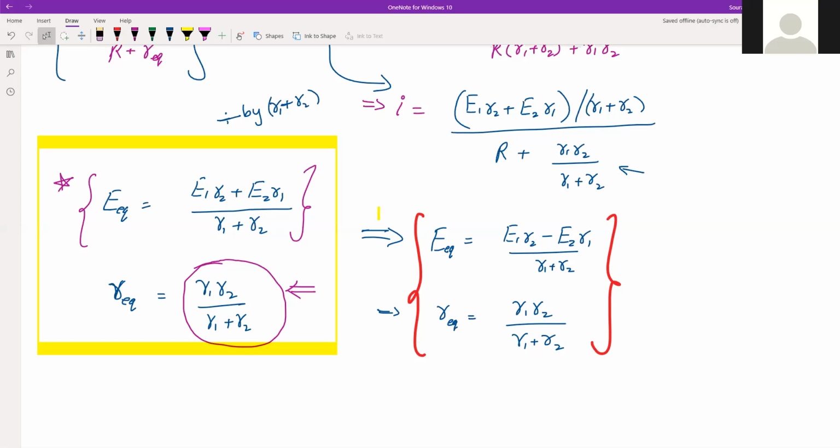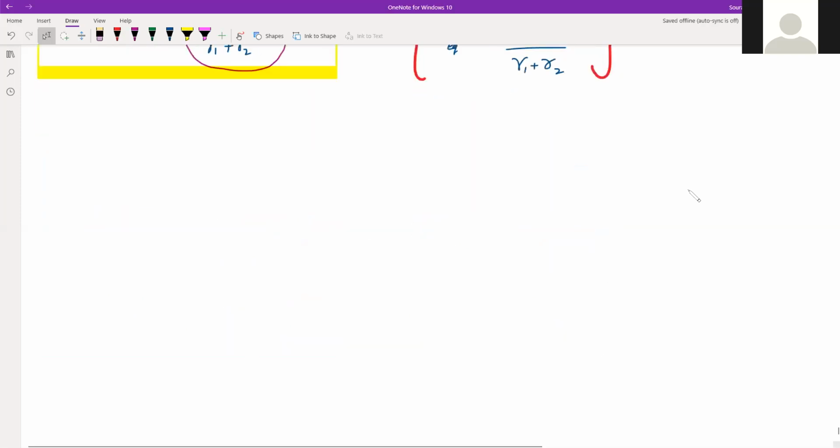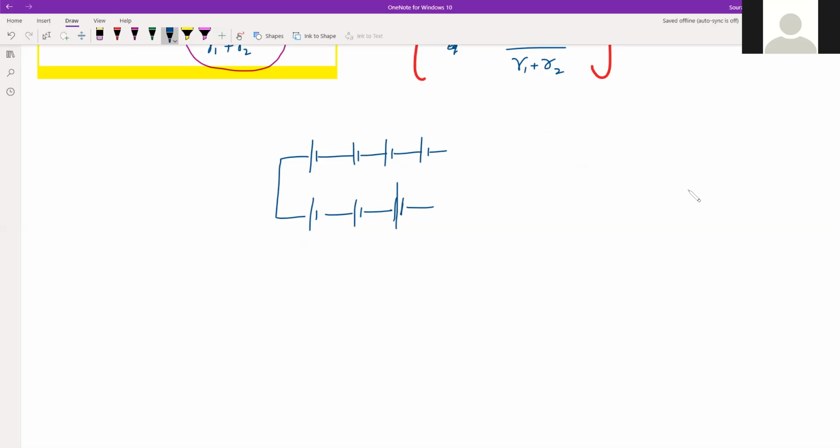Mixed grouping means there can be cells in series and different series of cells can be in parallel. This is a series combination, and then there is another series, and the two series are connected in parallel. So this is also possible, and there can be multiple such series.